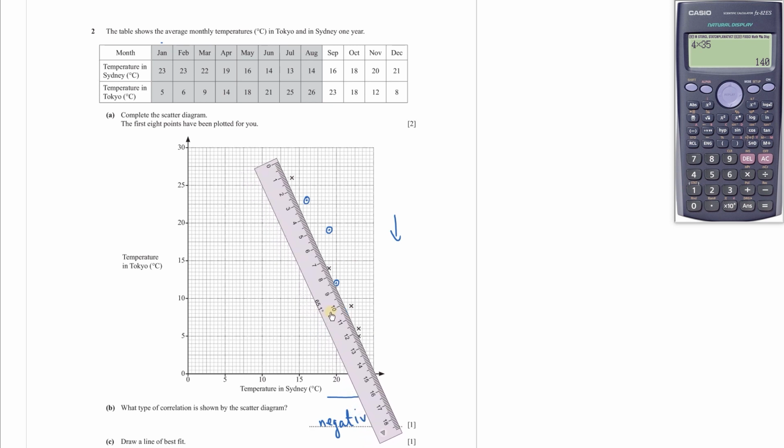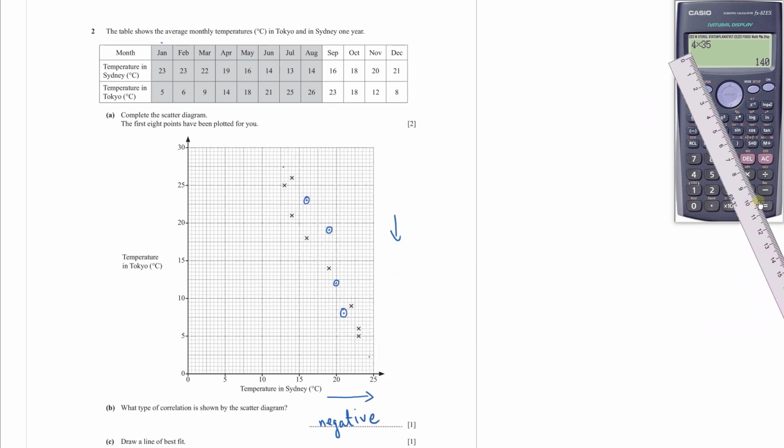So the line could go through these 2 points, these 3 points. So let me mark this point here and this point here, and let's draw a straight line.